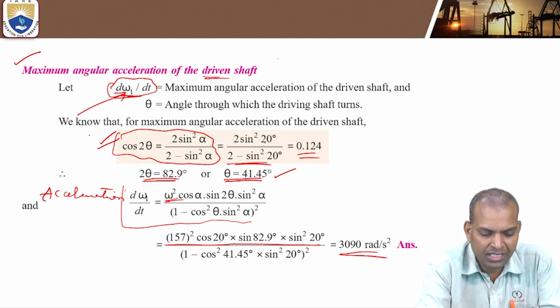So for this maximum angular acceleration, first we found cos 2θ, that is the angle turned by the driving shaft.